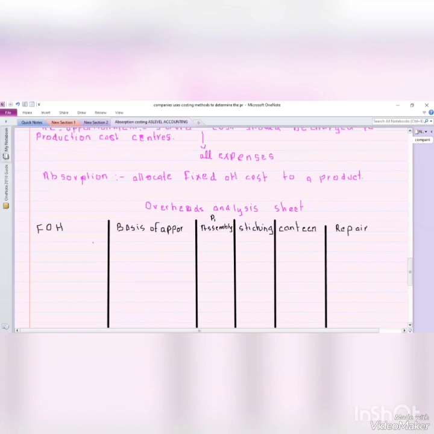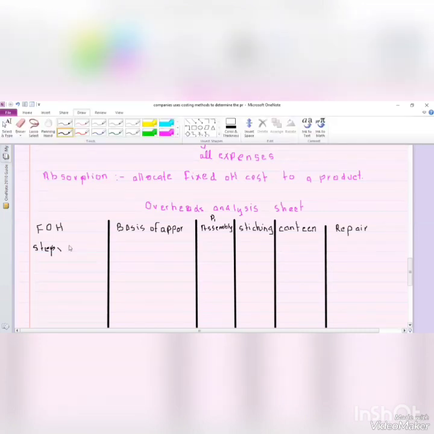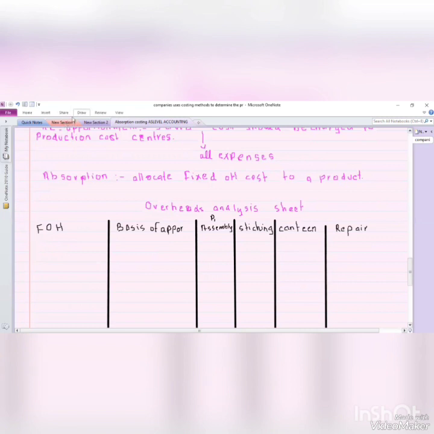So in the first step, which is allocation, I should write step one. Step one is about allocation.